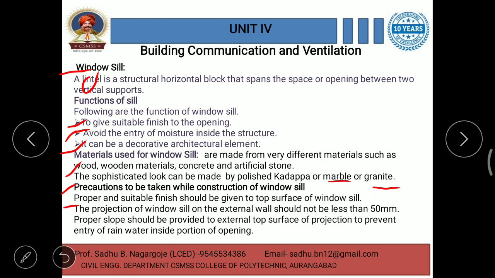The projection of window sill on the external wall should not be less than 50 mm. Then proper slope should be provided to the external top surface of projection to prevent entry of rainwater inside the portion of the opening. These are some precautions need to be taken while providing the window sills.